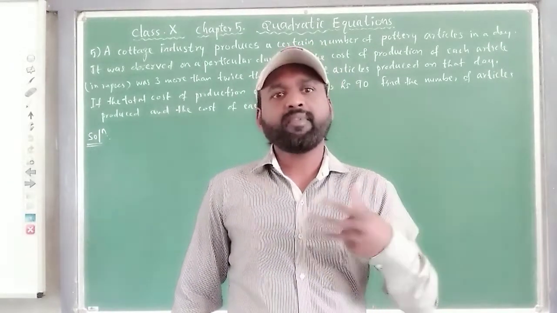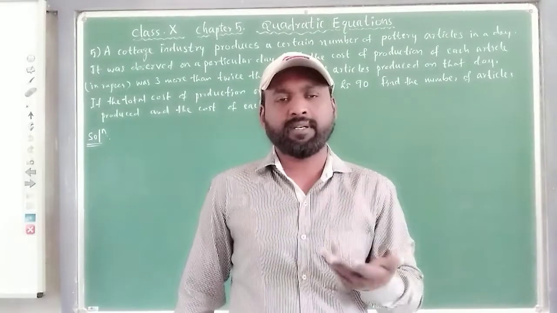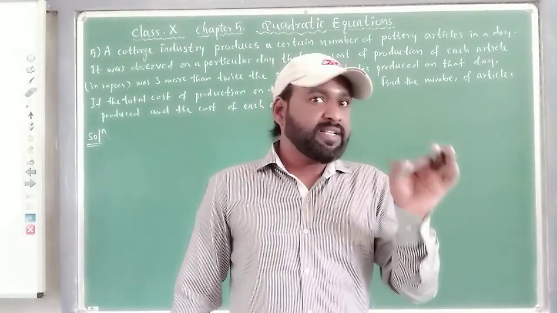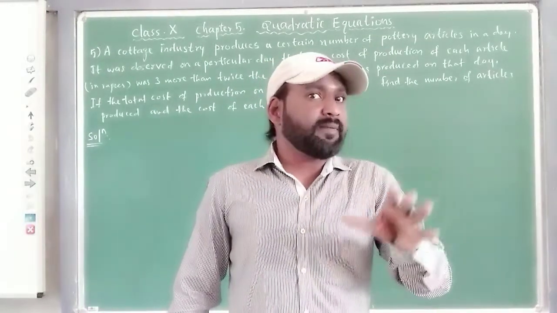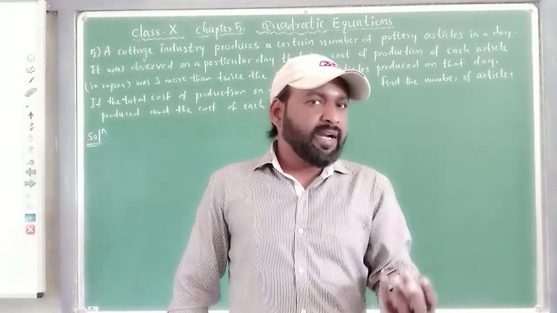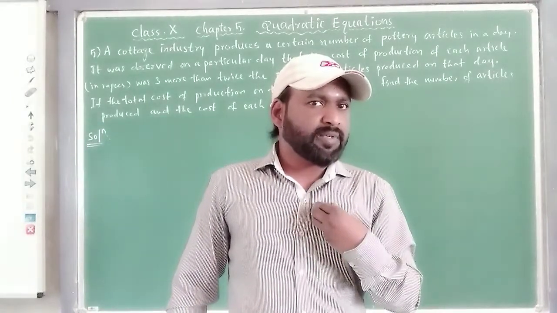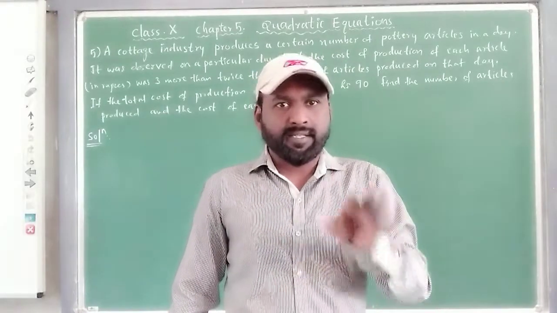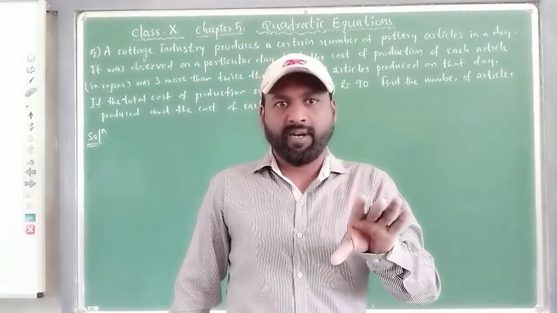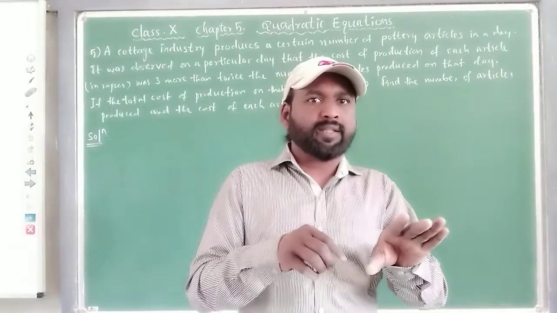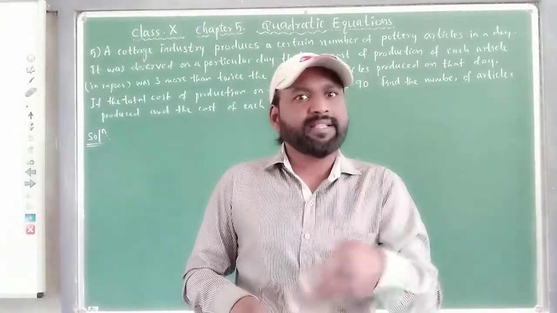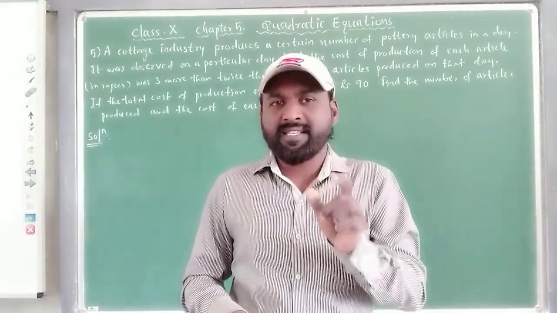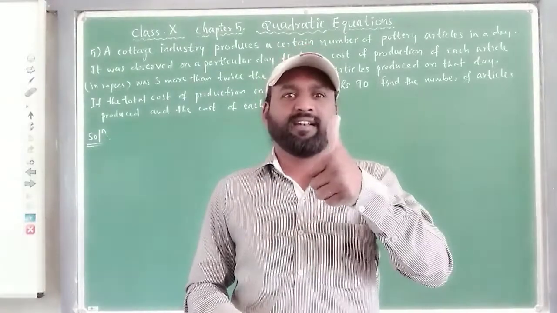Twice means 3 twos are 6. 6 is twice the number of articles, and 3 more than that, 6 plus 3, is 9. 9 rupees is the cost of one article.